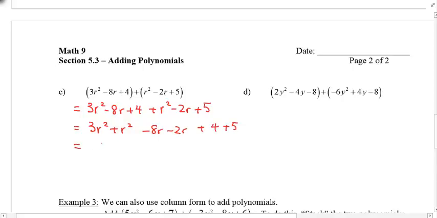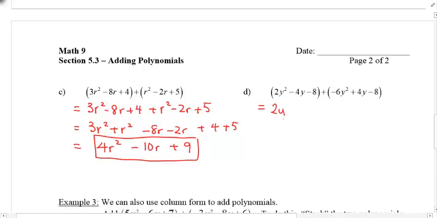Simplify. Done. Same thing, okay? Remove the brackets. Group like terms.